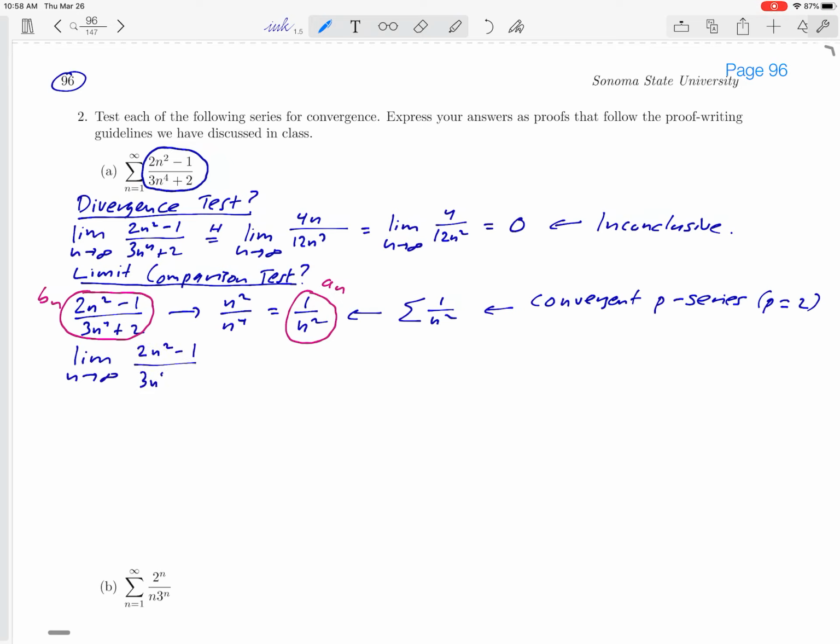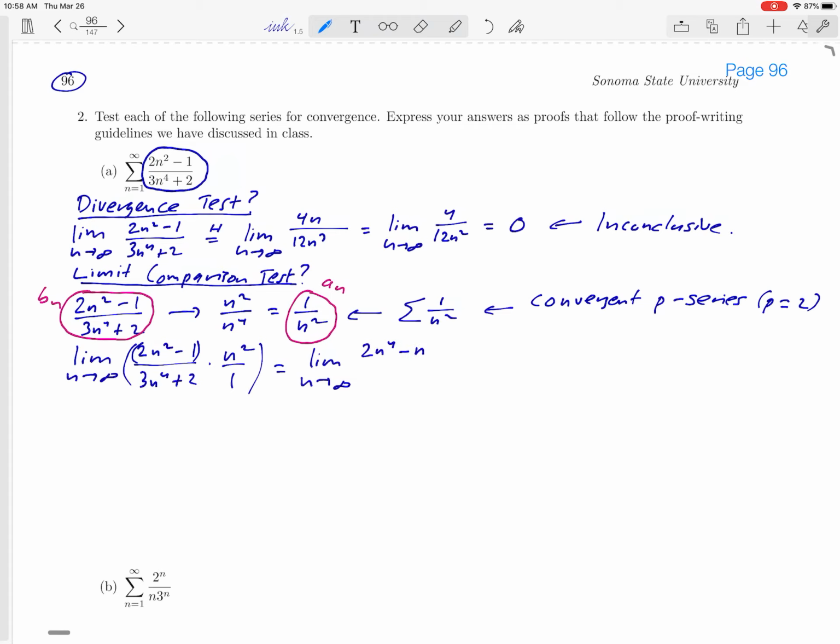So we just need to take the limit as n goes to infinity of bn over an. We need to divide by an, which is the same as multiplying by the reciprocal of an, which is n squared over 1. There's the limit that we need to calculate.